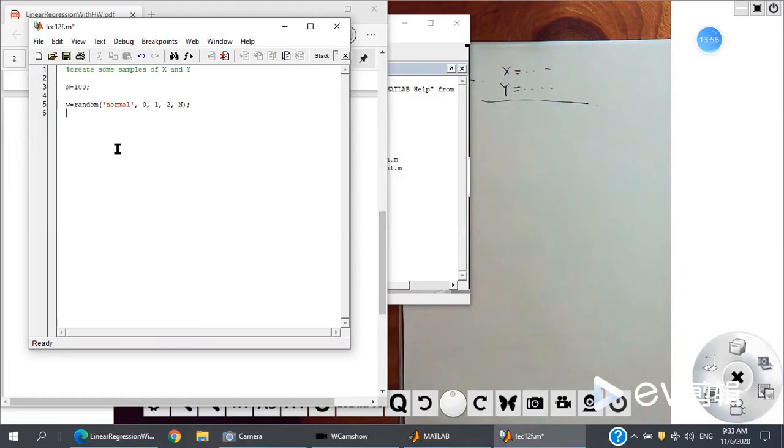I make some changes. I use a matrix P, not A, A I will use later. P is a random 2 by 2 matrix, and I subtract 0.5 so it is centered.